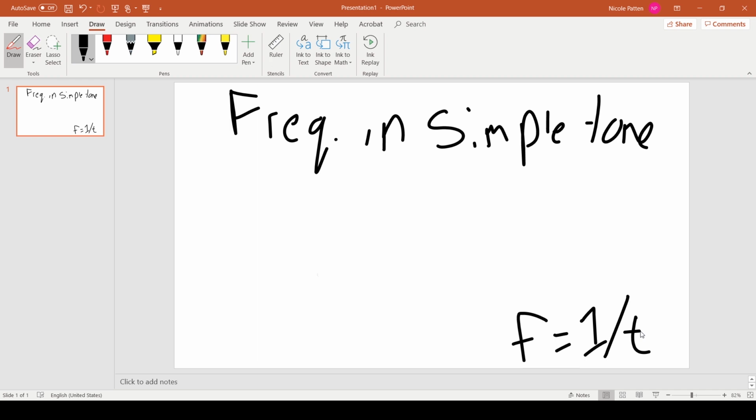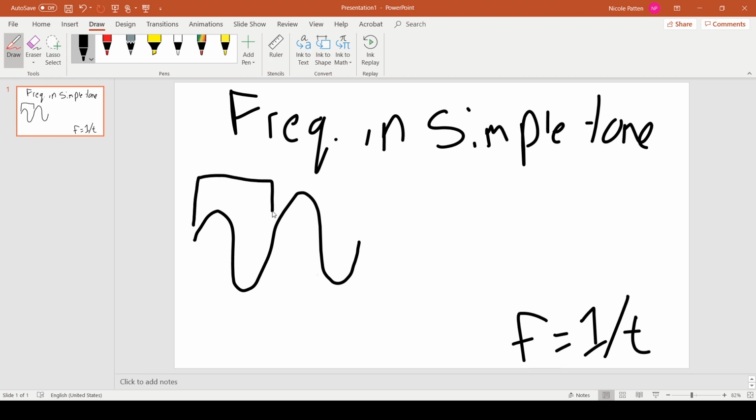So in a simple tone, we're going to have a wave like that. And this period here is going to be 0.02 seconds.